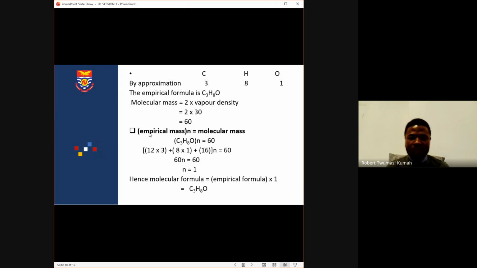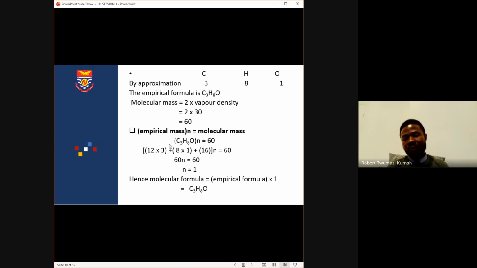Now the empirical mass, we assume it to be the molar mass of the empirical formula that we have written. That's why we have our empirical formula written here. So we want the molar mass of this empirical formula.